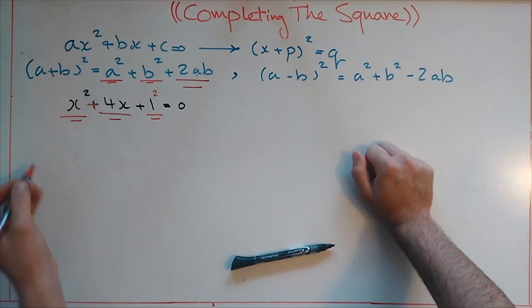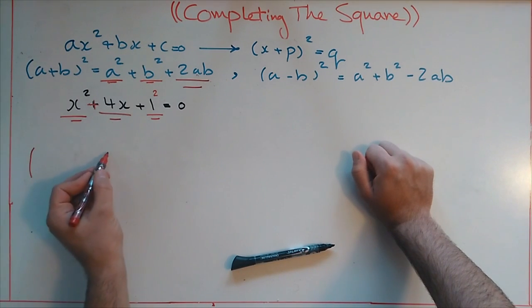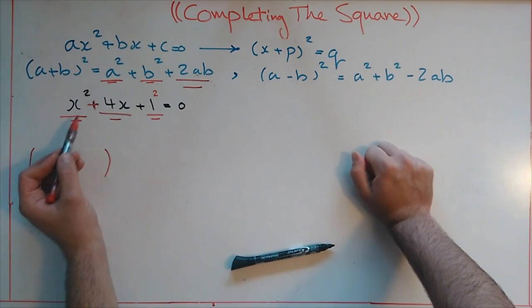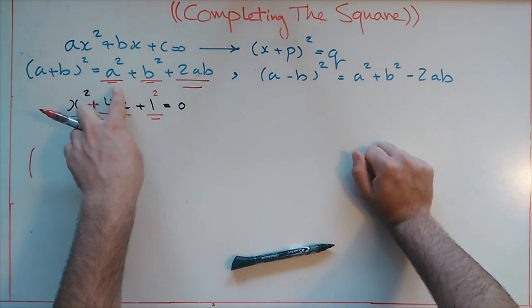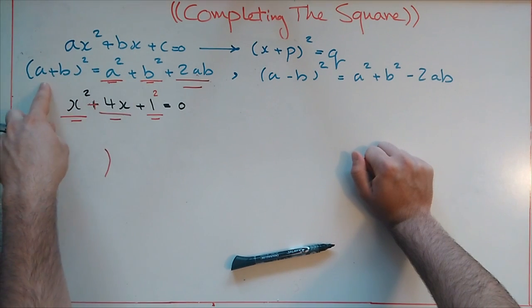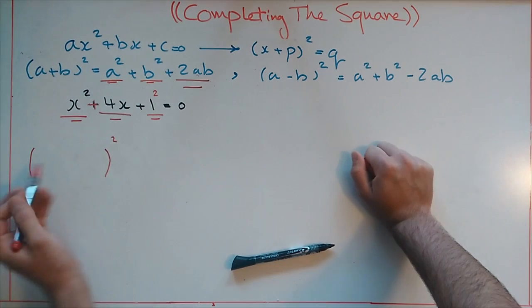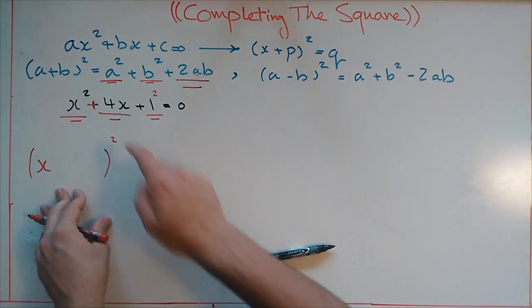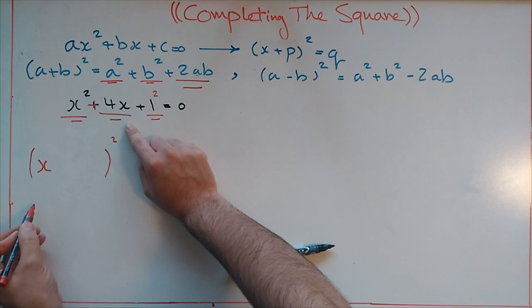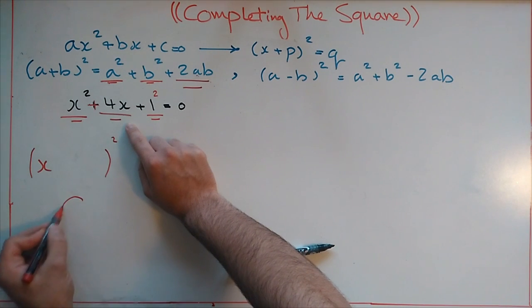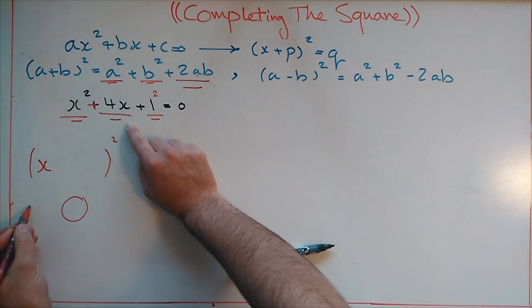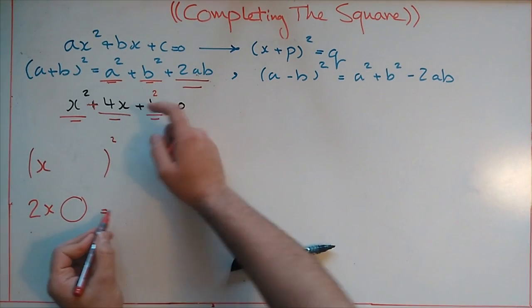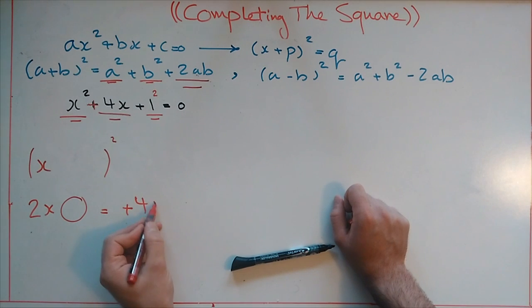So what I do is that I make my brackets. Now, x squared is representing a squared. A is squared in here, but in the brackets it's not squared. So I just put x in here. Now, I need to know what is the value that if I multiply it by 2x, I get positive 4x.